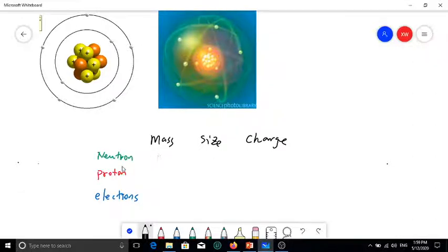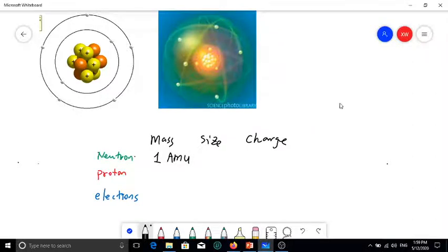We just want to see relatively, at the micro scale, how big or how heavy these things are. So mass-wise, the neutron and the proton, which are both in the nucleus, we unify into a number 1, and the unit here is AMU.